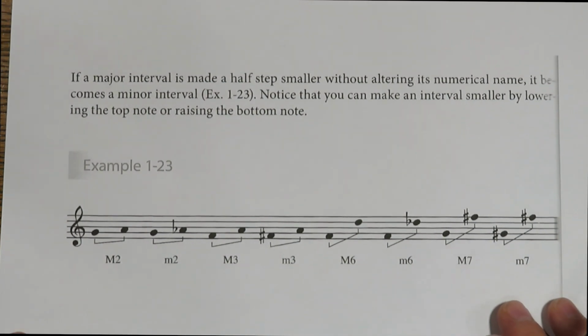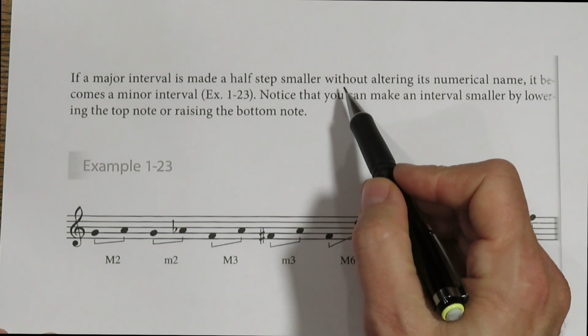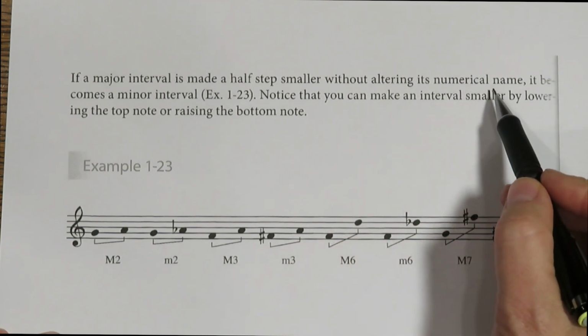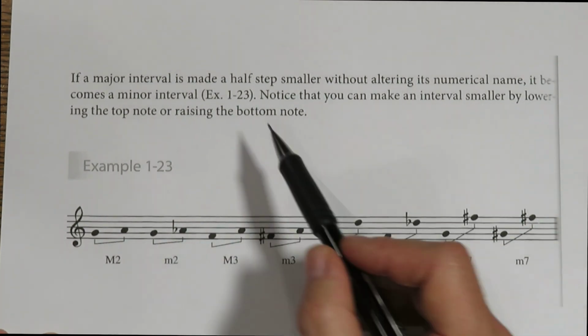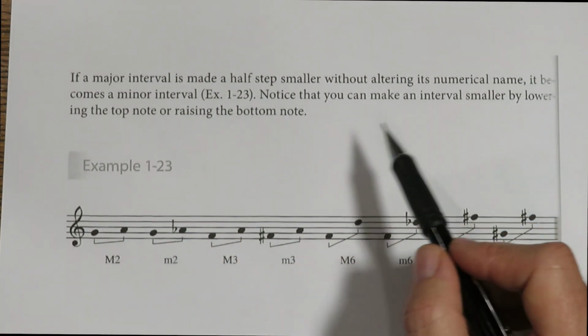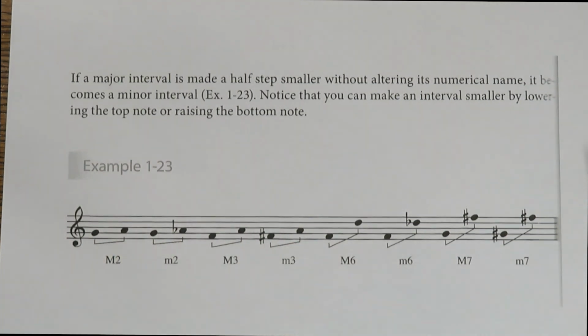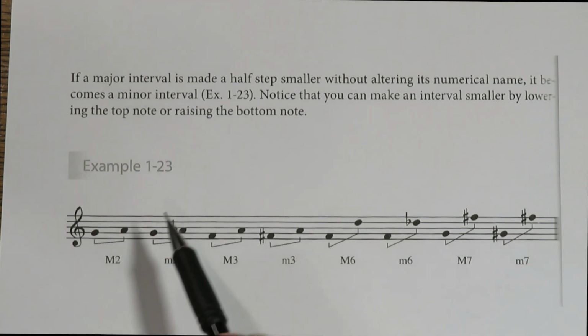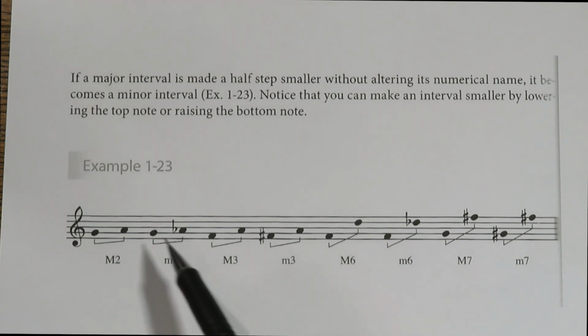Now if a major interval is made a half step smaller without altering its numerical name, it becomes a minor interval. Notice that you can make an interval smaller by lowering the top note or raising the bottom note. Okay, so we have some examples here. G to A is a major second.